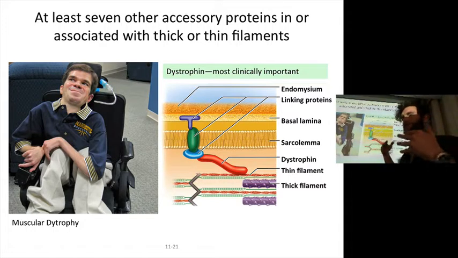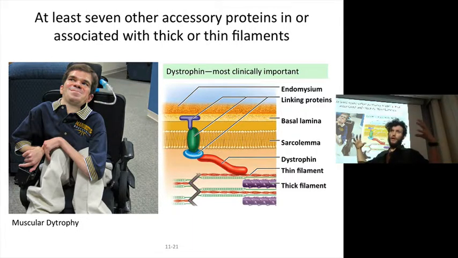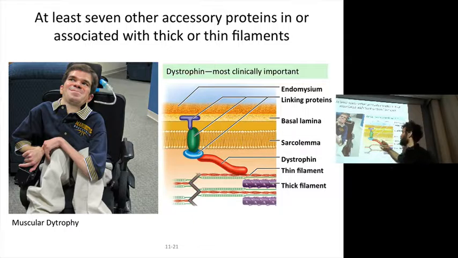However, taking the contraction of myofibrils within a sarcomere and translating that to the contraction of the muscle fiber, which is going to contract a muscle, requires accessory proteins that connect the mechanism of a sarcomere to the sarcolemma, the plasma membrane of the muscle fiber, which are going to physically contract the muscle fiber itself. And this muscle fiber is then attached to the connective tissue, the endomysium and perimysium, etc.